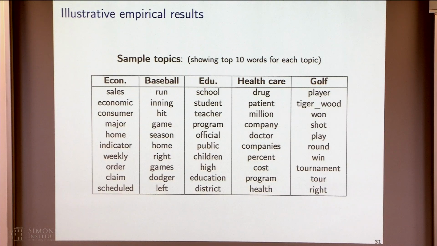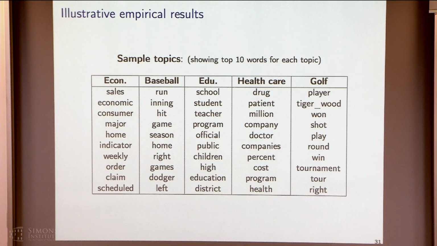Okay, so these are some of the topics that this algorithm learns. These are some of the 50 different distributions on words. I've given them some names. These, of course, don't come from the algorithm. And the words that I'm showing are the 10 most probable words under each of the distributions. And they seem to be fairly coherent.